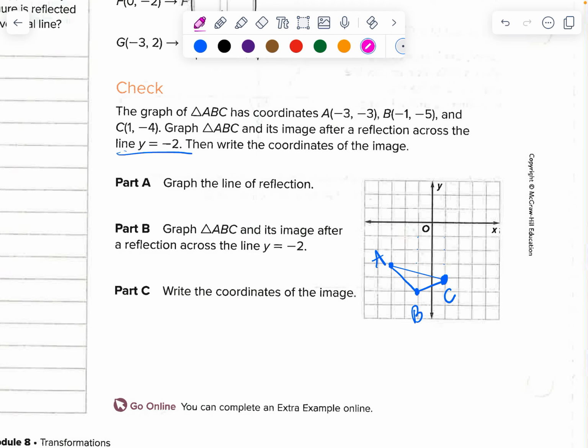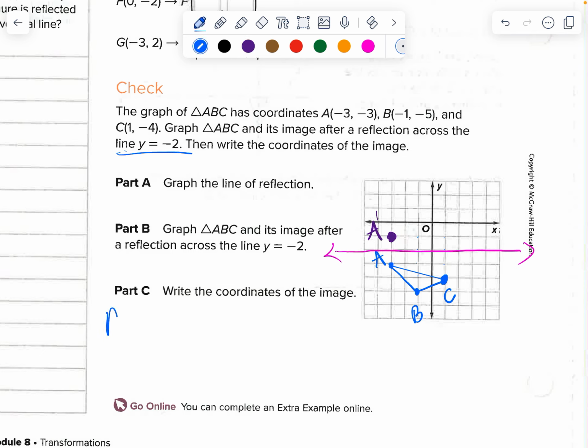So y equals -2 is going to be right here. So we're going to do the same thing. A is 1 away, so A prime is going to be 1 away.